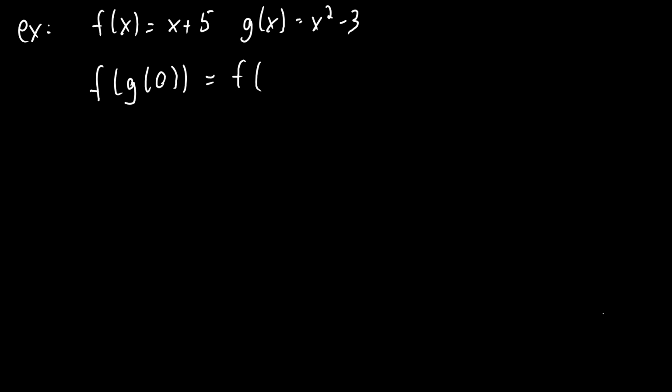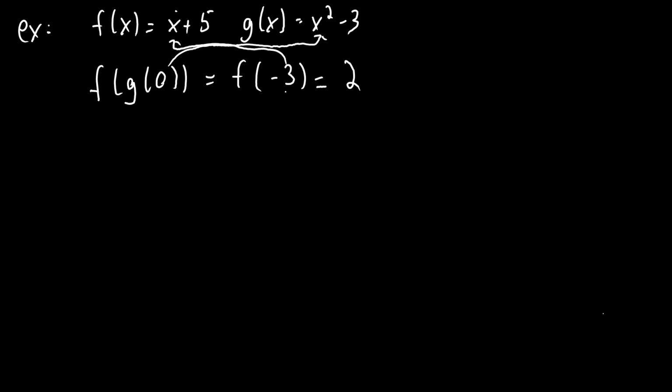So 0 squared minus 3 is just negative 3. Then f of negative 3, plugged into every x. Hopefully that makes sense. As 0 is plugged in here, this negative 3 is plugged in here. So f of negative 3 is just going to be negative 3 plus 5, and that's going to be 2.